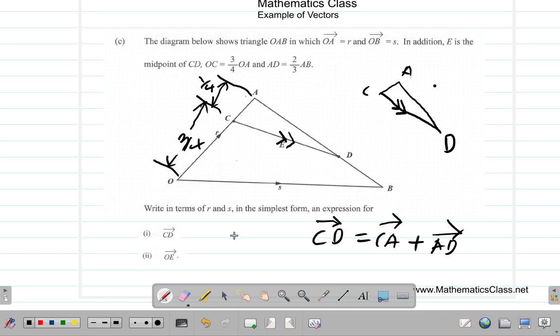Now, I want you to pause the video and, using the same argument, label the fraction of the way going from A to D. That will be easier because it's right there.